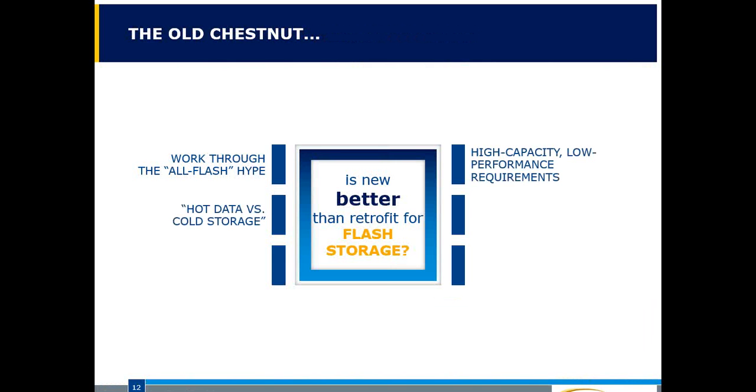While the cost versus performance tipping point hasn't quite been reached yet in the flash storage space, we still have concepts of hot and cold data. Data that is being accessed and written to very frequently needs that sub-millisecond level of performance that you get out of flash storage.